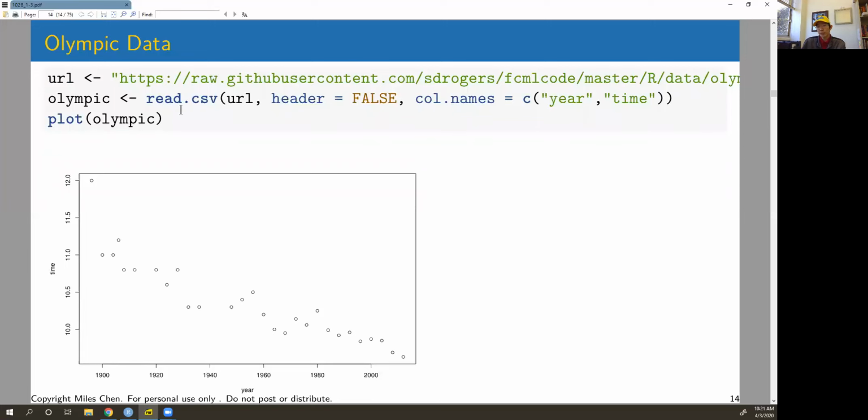All right, so let's do this for the Olympic data. We're predicting the time based on the year the Olympics were held, again, how fast the gold medal time was for the 100-meter dash.